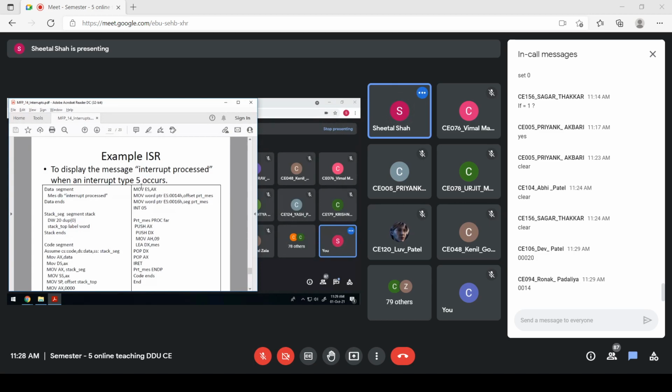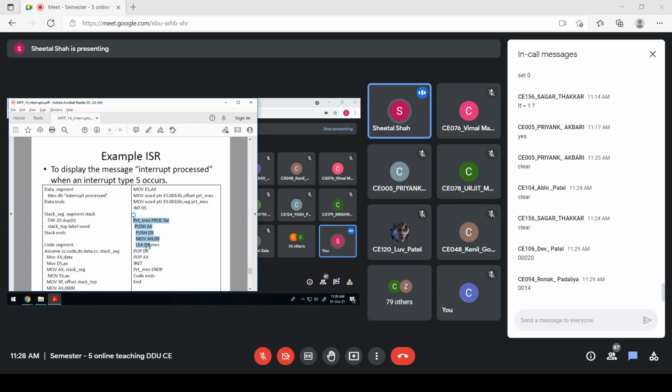And at 5 into 4 plus 2, that is 22, the corresponding hex value would be 16. So what I am doing is MOV WORD PTR ES:0014H, OFFSET PRT_MES.